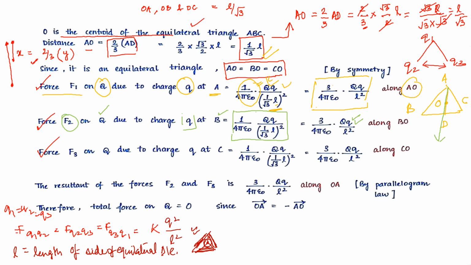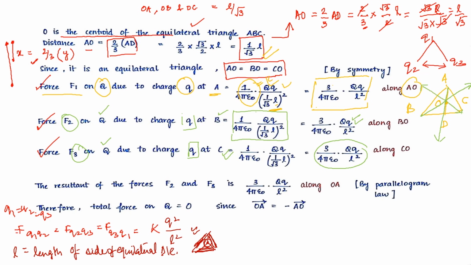Now the force is in the direction from B to O. Similarly, F3 on capital Q due to the small q present at C will be given by 1 by 4 pi epsilon naught into capital Q small q divided by L square by 3, and we will get this value, but again it will be in the direction of C to O.